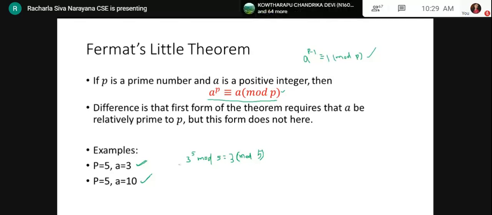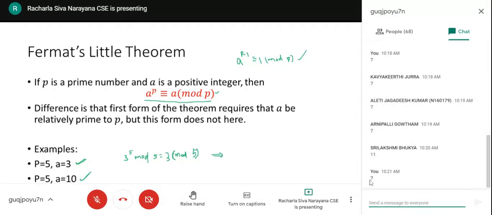What is the value of 3 power 5? 3 into 3 is 9, into 3 is 27, 27 into 3 is 81, 81 into 3 is 243.